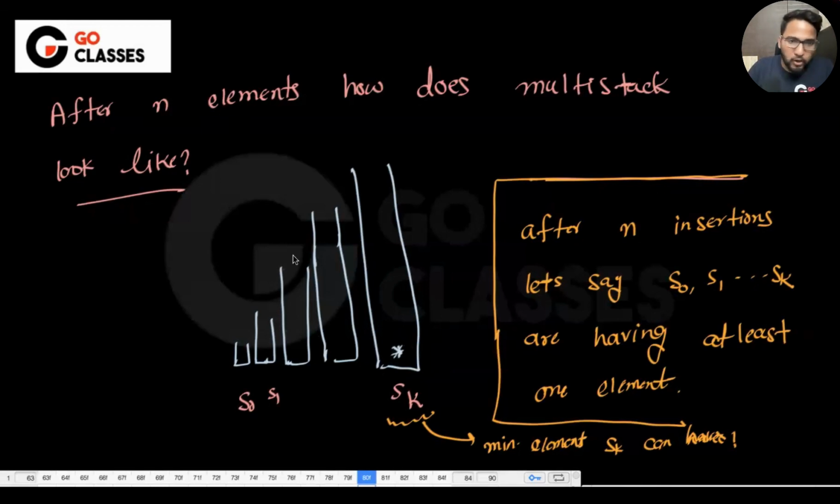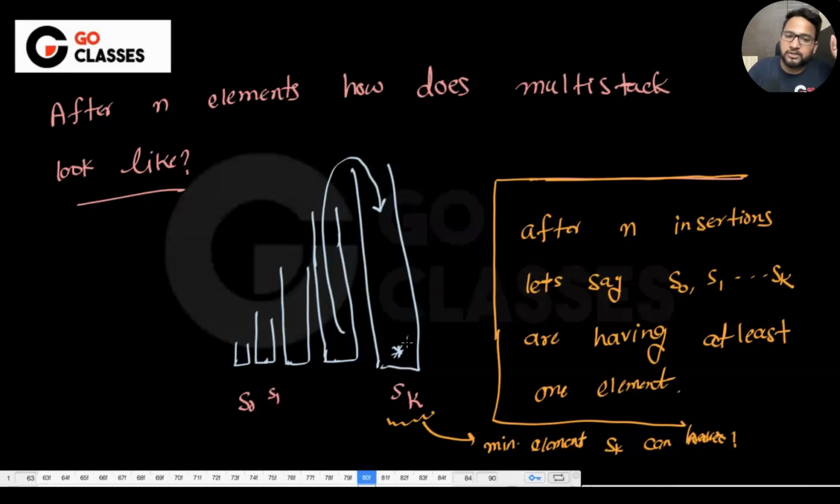It means you cannot obviously directly push here. You must have transferred from here to here. This one element you must have transferred from here to here. Do you transfer one element according to the algorithm? Do you ever transfer one element? You transfer only when this stack is full, right?